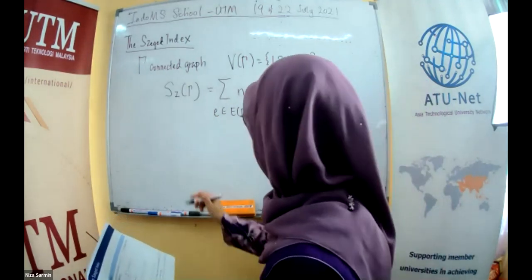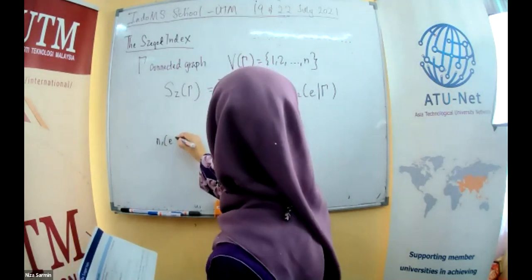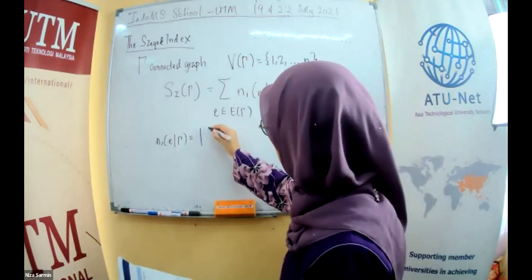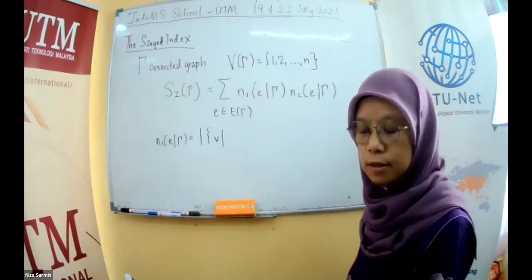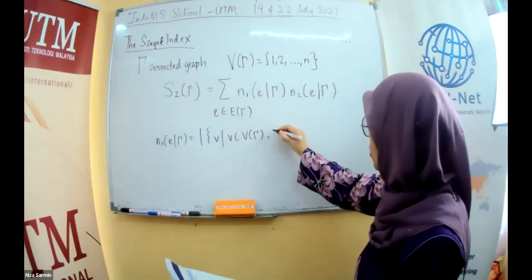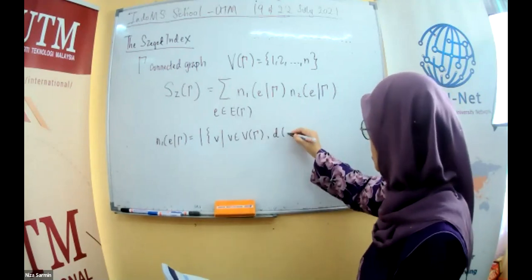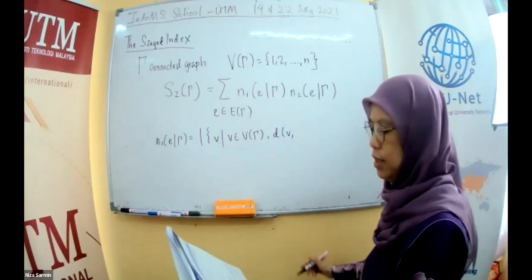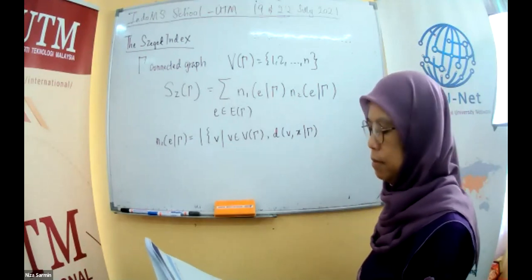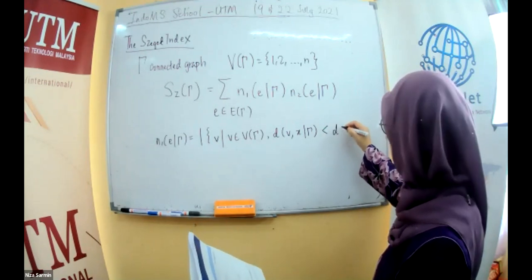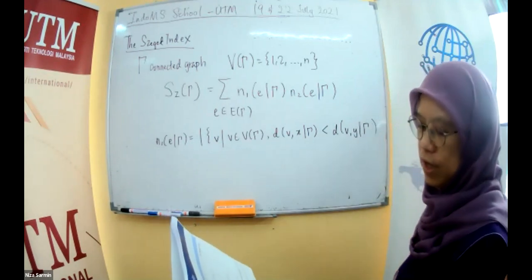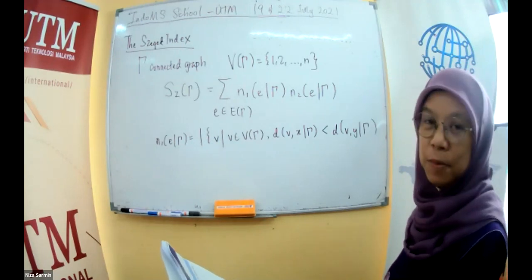Now n1(e|gamma) is the order of the set of vertices v of the graph in which the distance of the vertex v with x in the graph gamma is less than the distance from v to y in gamma. I will explain what this means.